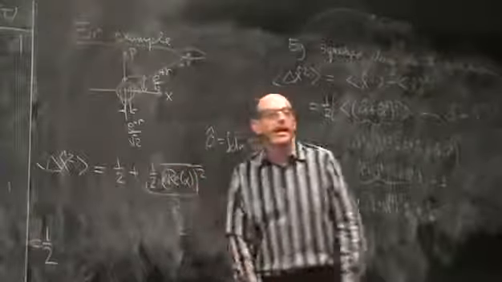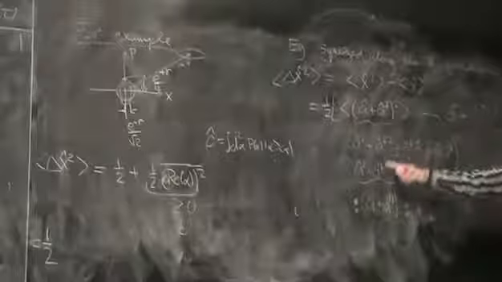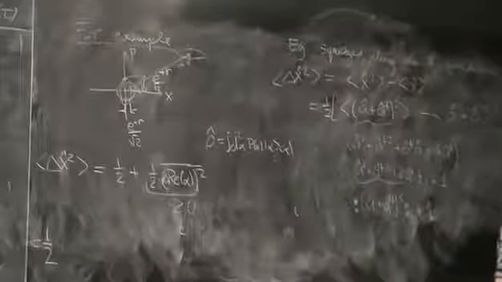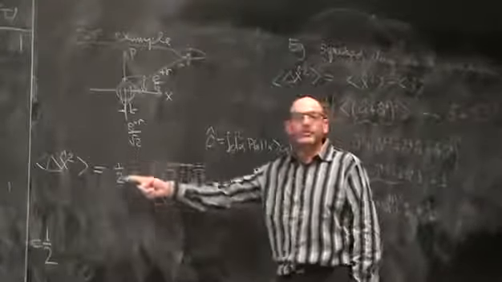It's the fluctuation of the real part of alpha when I replace that. And this is always positive unless I have a coherent state, in which case it's equal to 1/2.